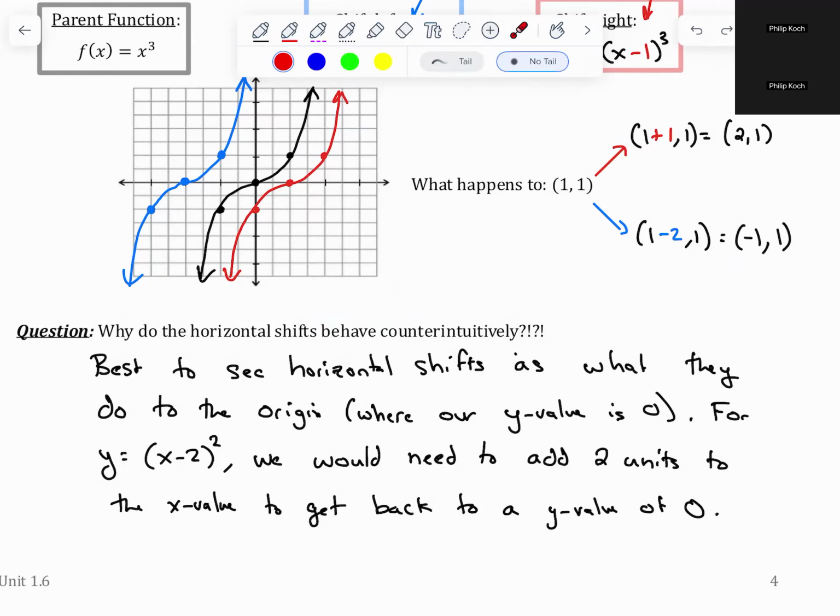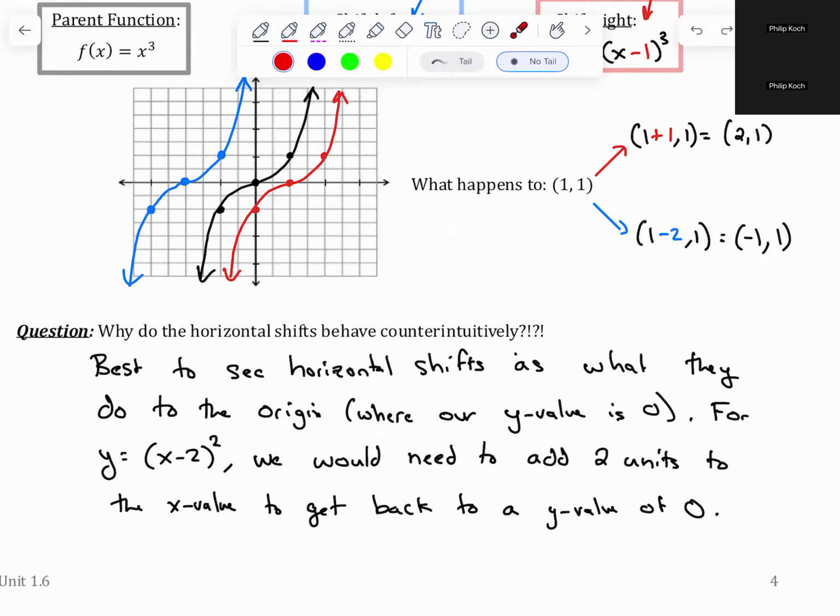Essentially, that's what I'm getting, right? Just from your words, we're trying to get back to 0. So if it was subtracting 2, in order to get back to 0, we'd have to plug in 2. If it was minus 3, we'd have to move 3 units to the right to get back to 0, because that would make it 3 minus 3, which would be 0. If it was adding 4, we'd have to plug in -4 to get us back to 0.